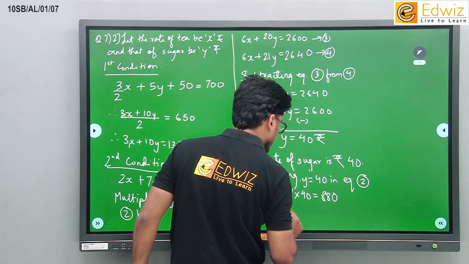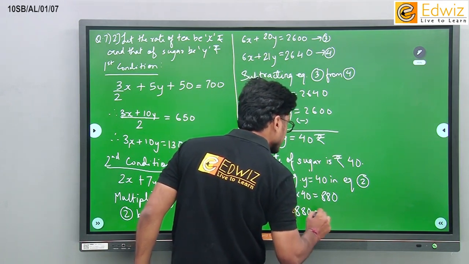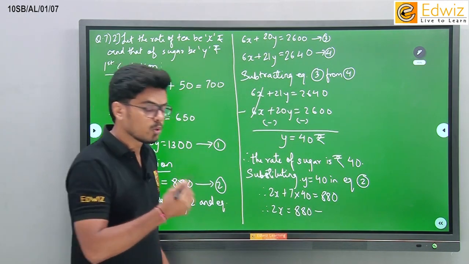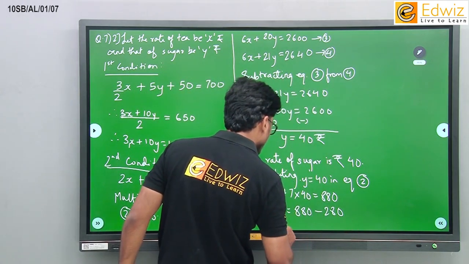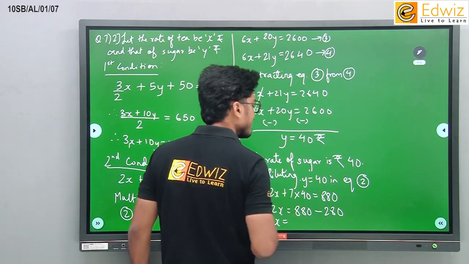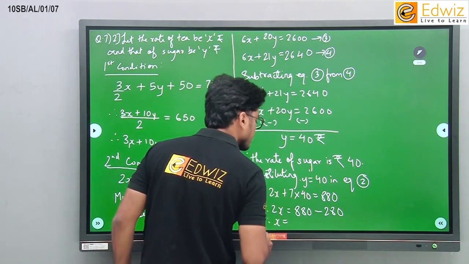So 2x will be equal to 880 minus 7 into 40, which is 280. Therefore x will be equal to (880 minus 280) divided by 2.